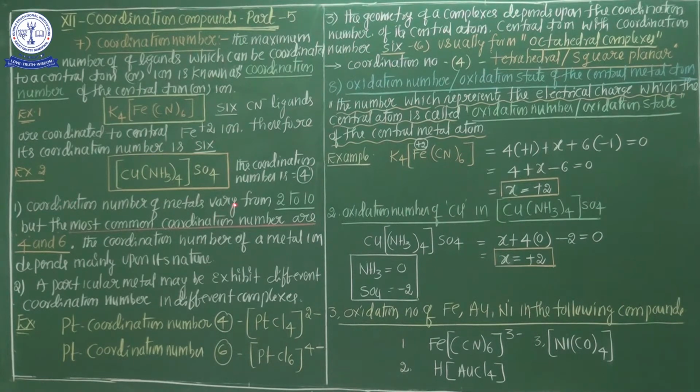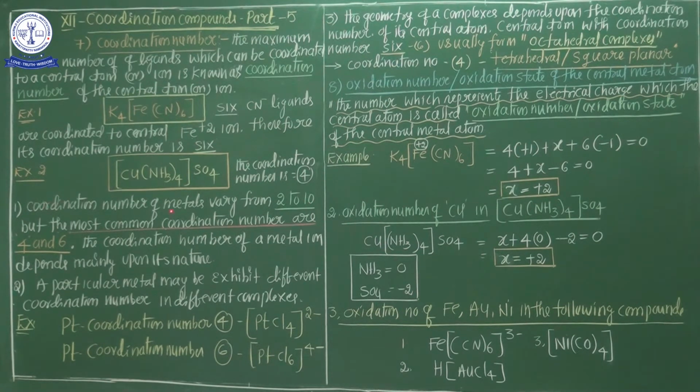The coordination number of a metal varies from 2 to 10. If you observe different types of coordination compounds, generally the coordination number ranges from 2 to 10.